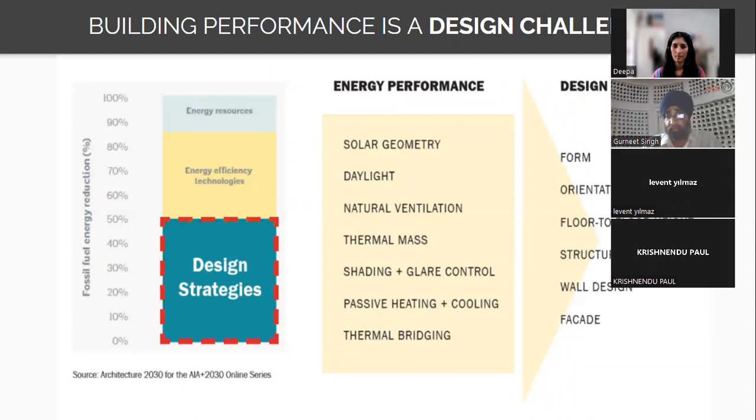And based on these performance parameters, you arrive at the design decisions. You arrive at what should be the optimum form or orientation, or what should I keep the floor to floor height. That will also define your structure system, wall design, and the facades.